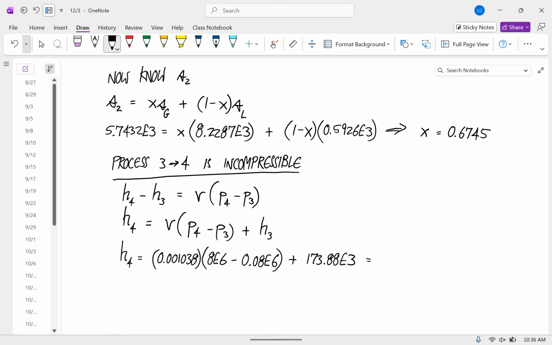I didn't bring my bag. Can someone calculate that? Into my calculator. Thank you.